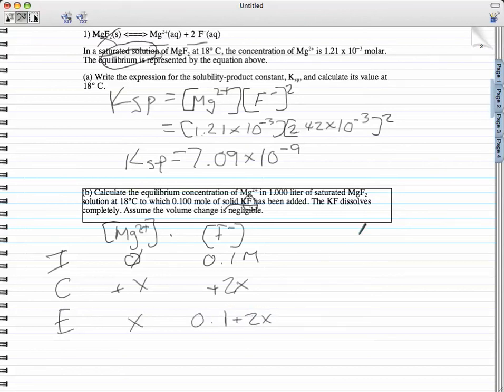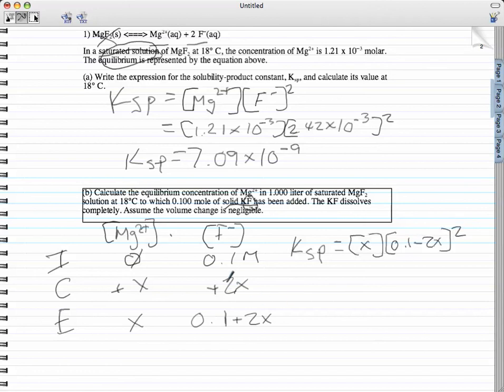Okay? And so now with that we can put that into our KSP equation, because we solve for our value of KSP. And these X's are going to change until we get to concentrations where this solubility product equals the value that we calculated in the first problem. Okay, so we have X, and this is going to be 0.1 plus 2X squared.